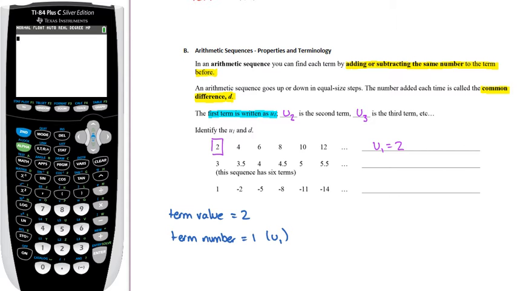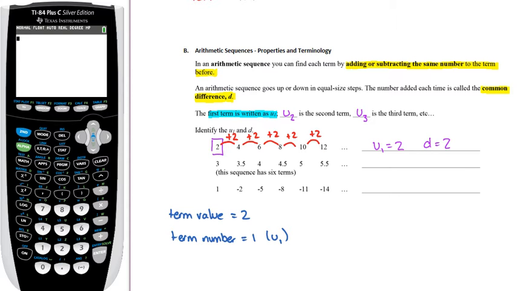It's important to distinguish between the value of the term and the term number, because those are different parts of the equation. Again, when we look at this sequence, we can see that as we move from one value to the next, we add 2, and that happens every single step. It's always plus 2, so this value of positive 2 is known as the common difference. Our d here is 2.